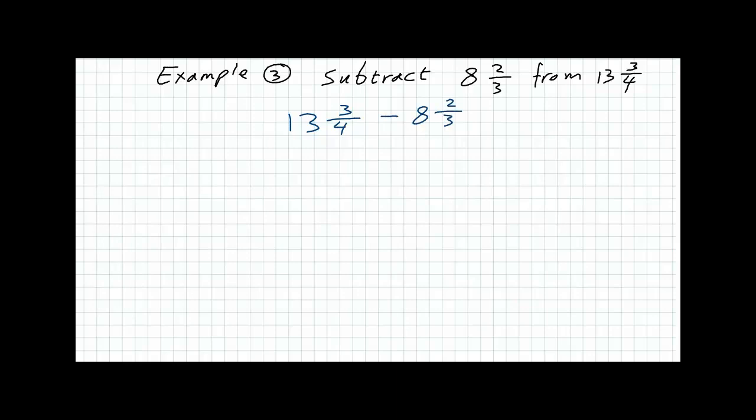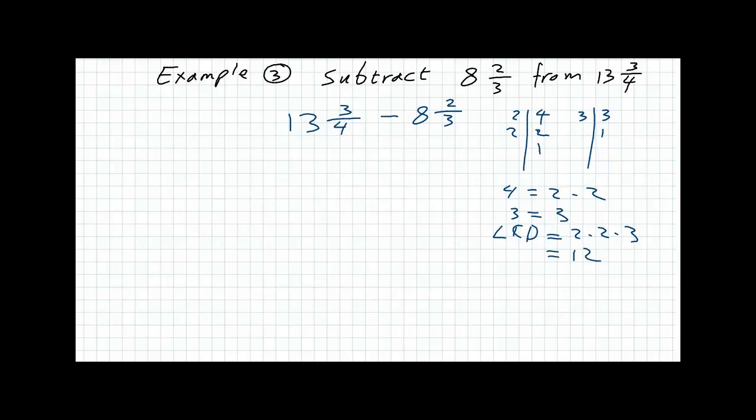We can see here that we have different denominators, so we must find the LCD. 4 is equal to 2 times 2, and 3 is a prime number, so 3 is equal only to 3. There are no common factors here, so the LCD is equal to 2 times 2 times 3, which is equal to 12.